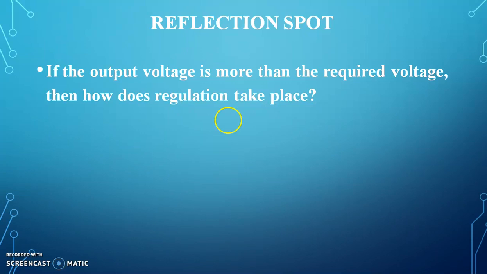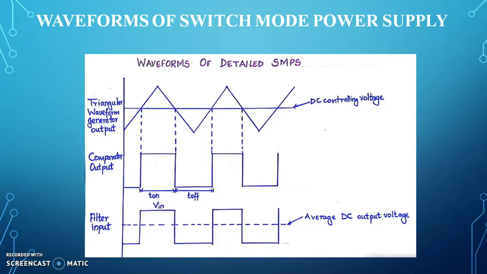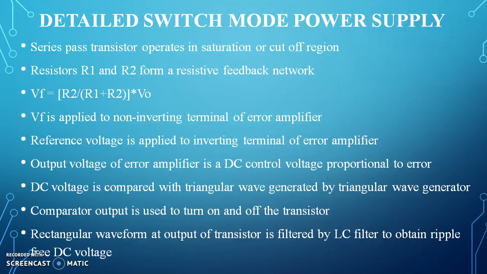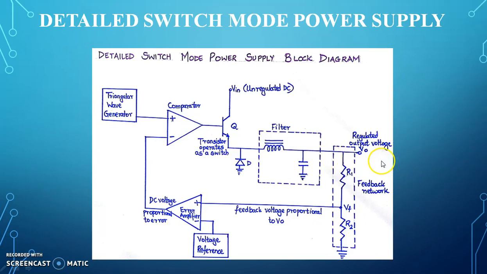So if VO is greater than the required voltage, we'll just get back to the block diagram. If VO is greater than the required voltage, obviously VF will also increase.